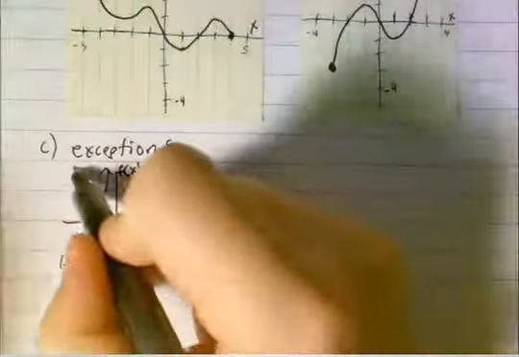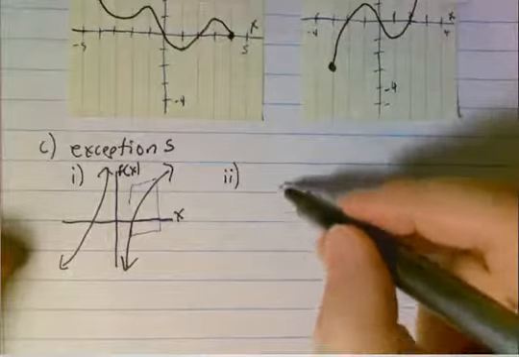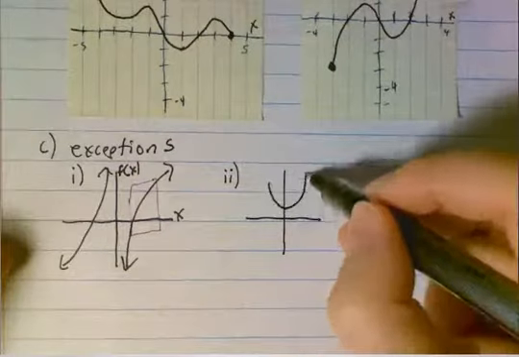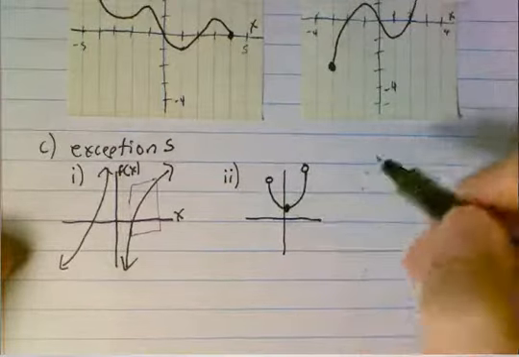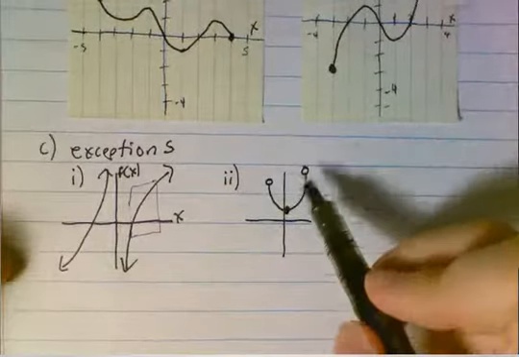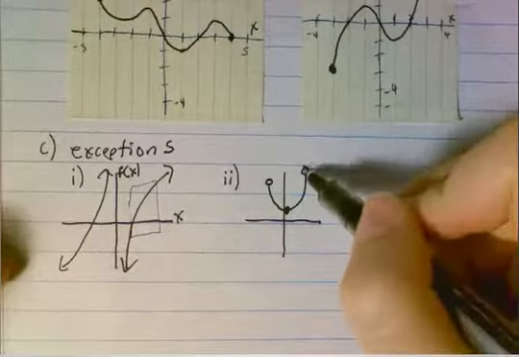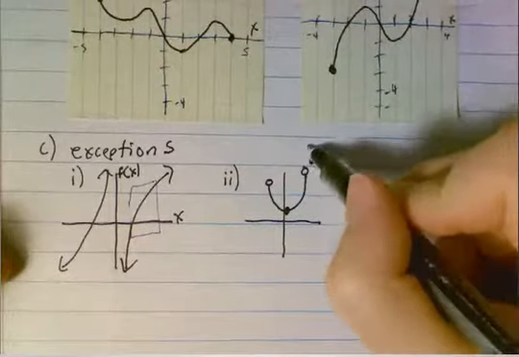We also have occasionally graphs that look like this. Where instead of being closed circles here, they're open circles. If they're open circles at the highest point, that means there's actually no absolute maximum.